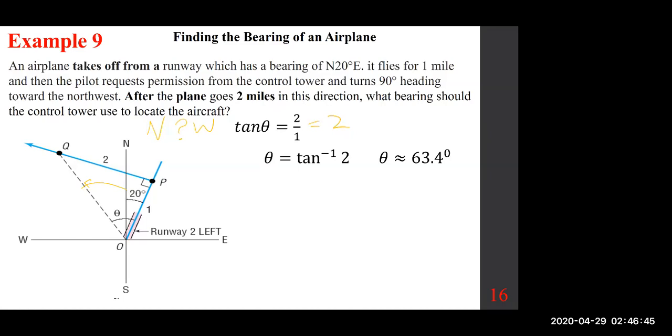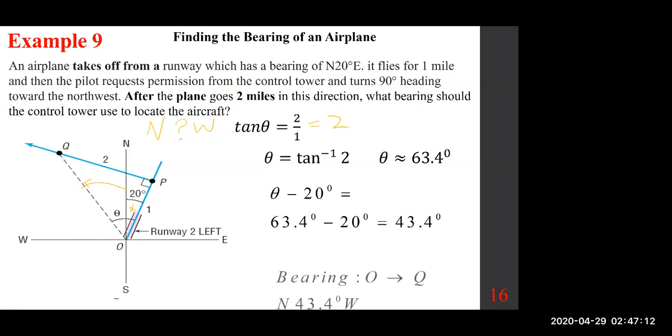So what is the angle that we want? The whole angle theta is 63.4. And we know the little angle, if you want to call this alpha, if you will. So we really want theta minus alpha, and alpha is 20 degrees. So 43.4. So everything is done: north, we didn't have the angle, we just found it, west.